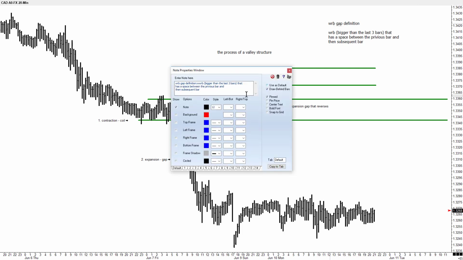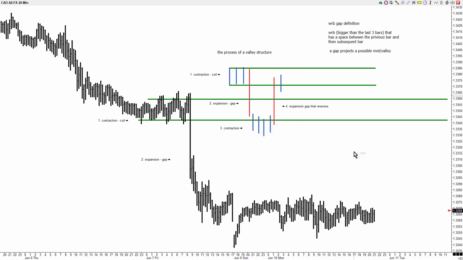And we can also say down here that a gap projects a possible mountain or valley. That's its job, to fill the gap. We don't know if it will or not. Don't worry about the statistics. Who cares? We're just going to let price do its thing.